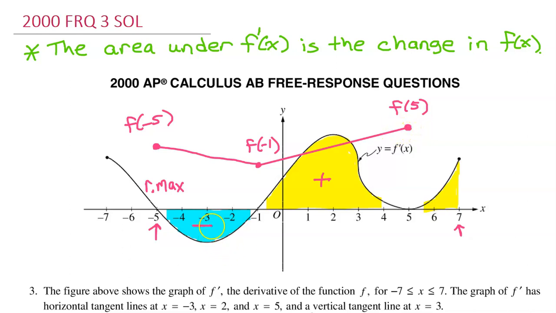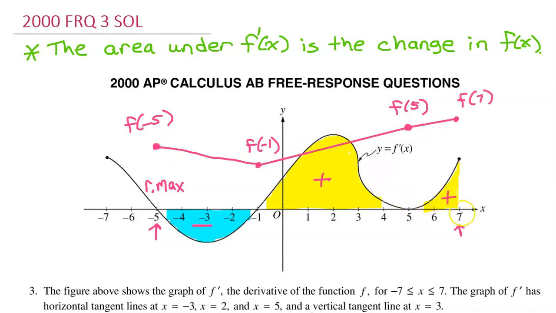You see, this negative area under the curve tells us how much f of x decreases from -5 to -1. The positive area under the curve tells us how much f of x increases from -1 to 5. Because the magnitude of the negative area is smaller than the magnitude of the positive area, we have a net increase in f of x from -5 to +5.